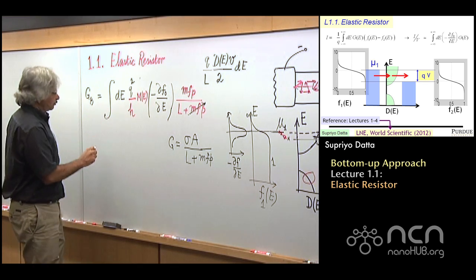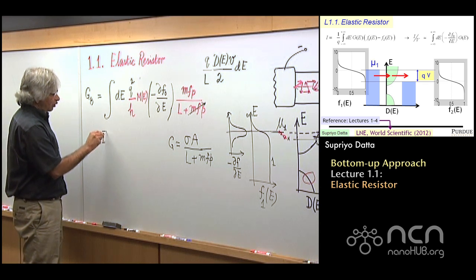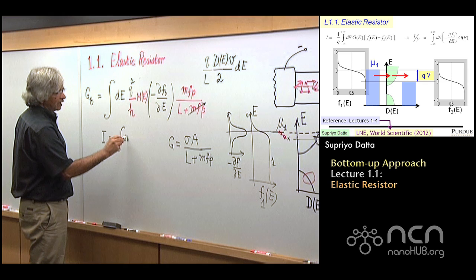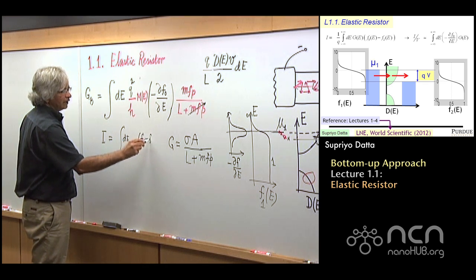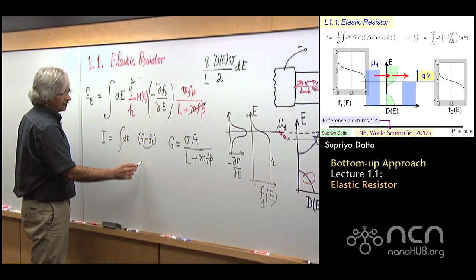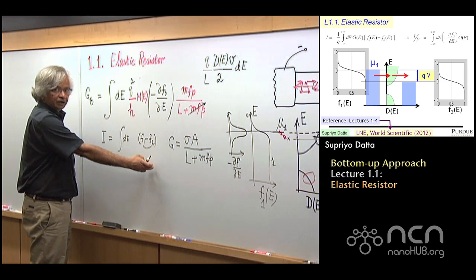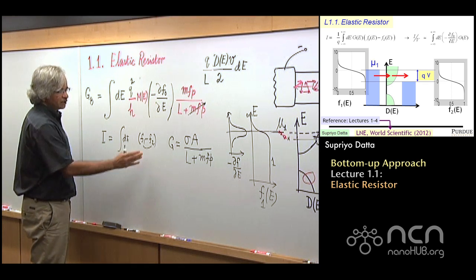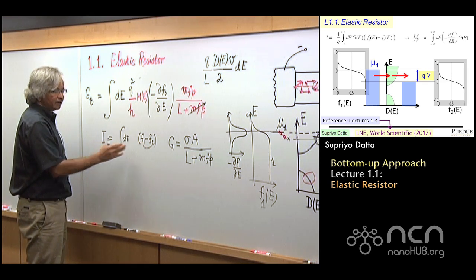So if you remember, what we did was we wrote the ordinary current as proportional to something times F1 minus F2, and then we said that if there's a voltage difference, you can write this as dF/dE times the voltage.